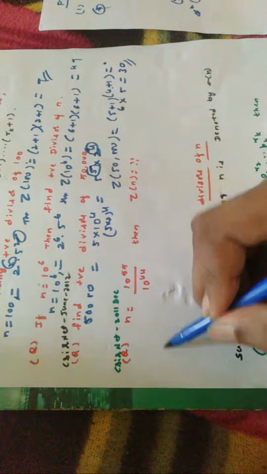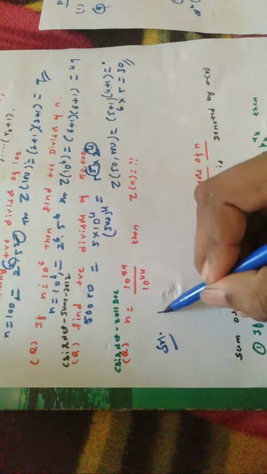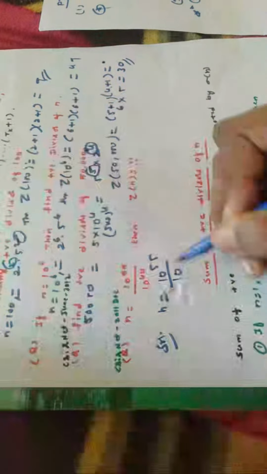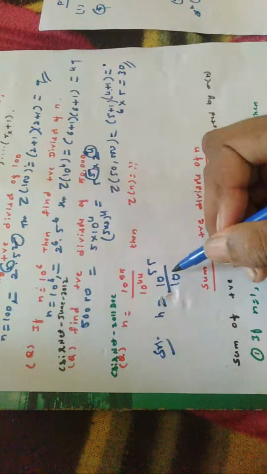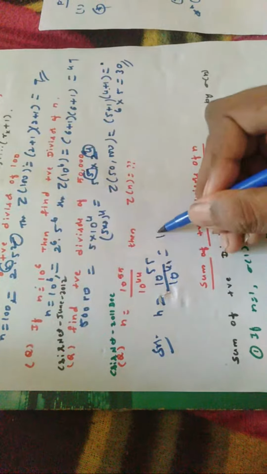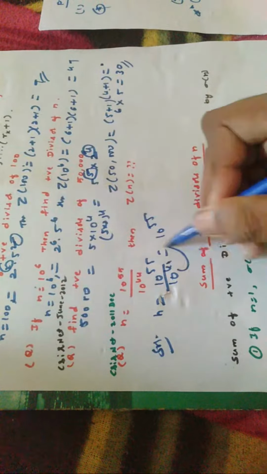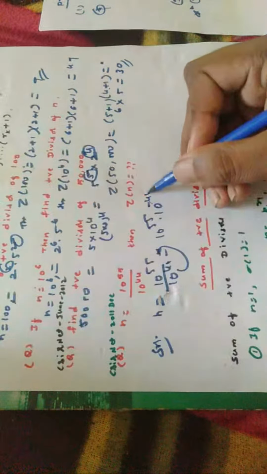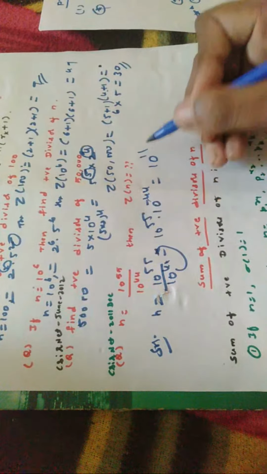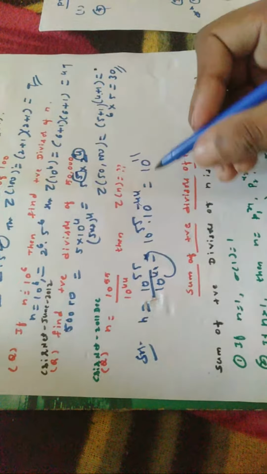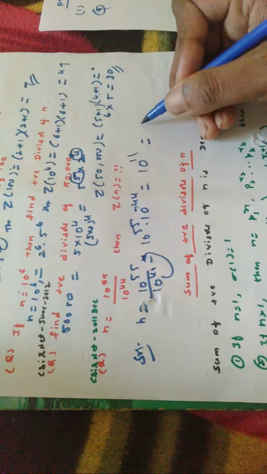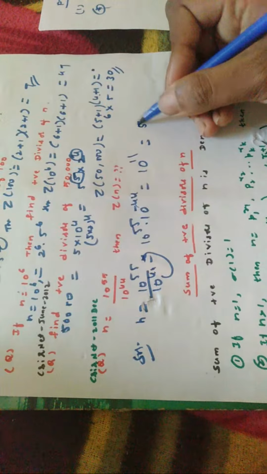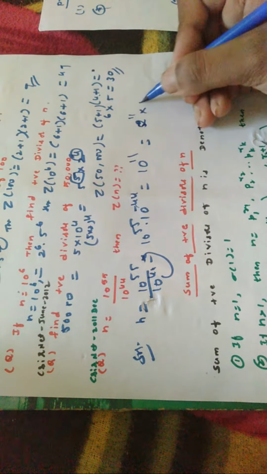How to find it? First of all we simplify 10 power of 55 by 10 power of 44. We take the denominator into the numerator, we get 10 power of 55 minus 44. That means 10 power of 11 we get. Then we write this again as 2 power of 11 into 5 power of 11.